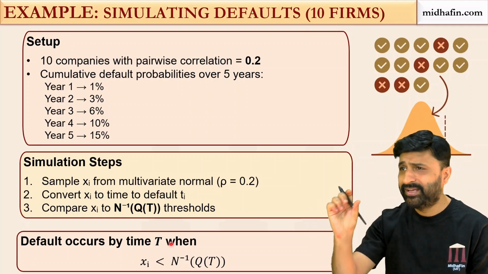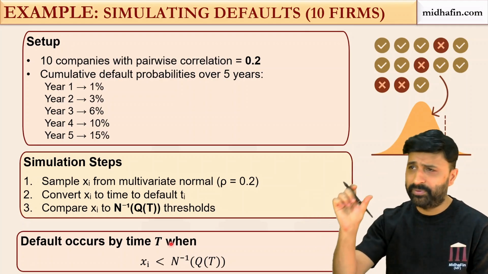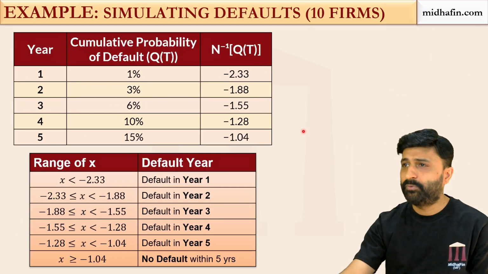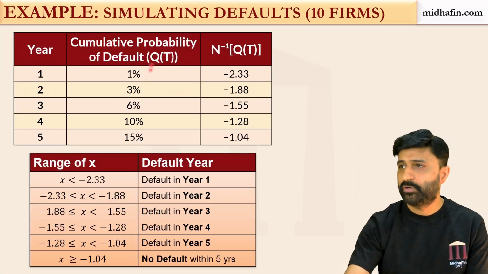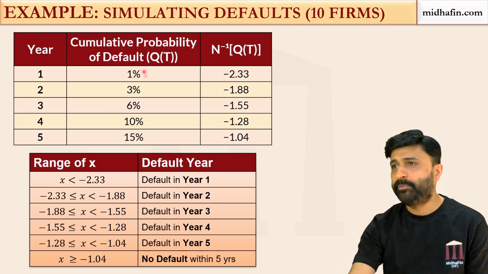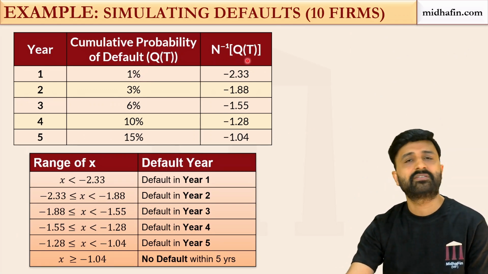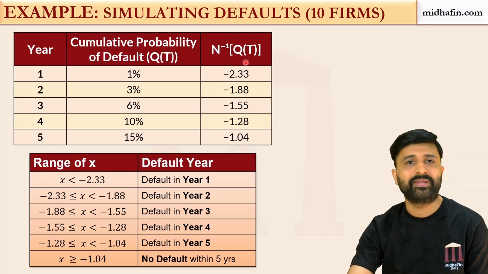We'll just continue with this example. Two tables have been built for simplification purposes. You see what we have done over here. The cumulative probability of default up to that particular year has been given, and the corresponding N inverse Q(t) has been given.